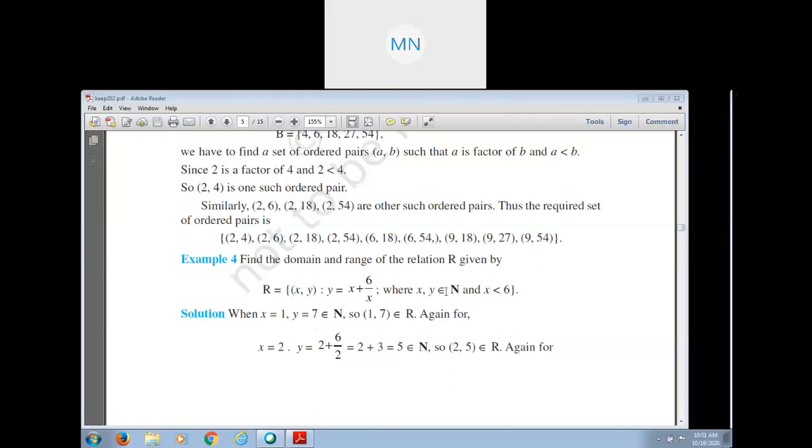Then what is the value of x? Now tell me.